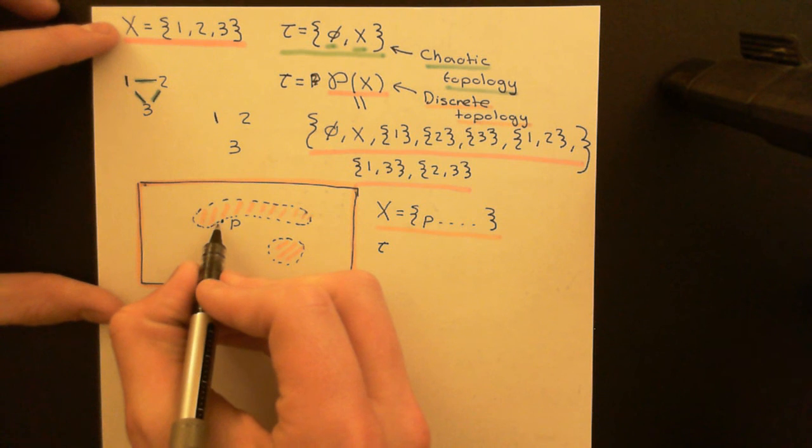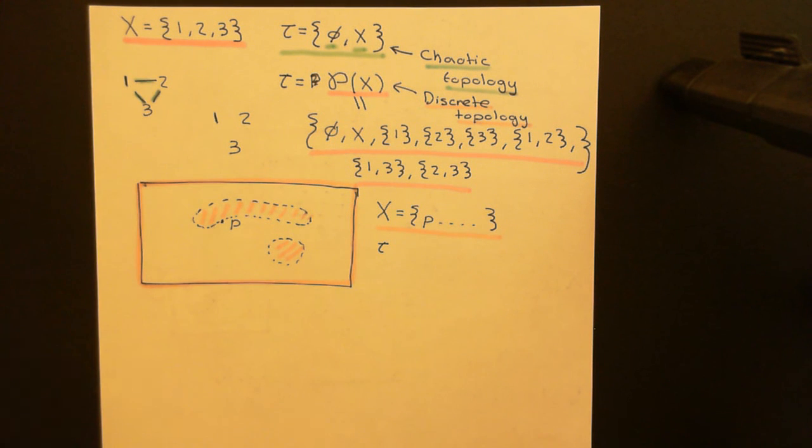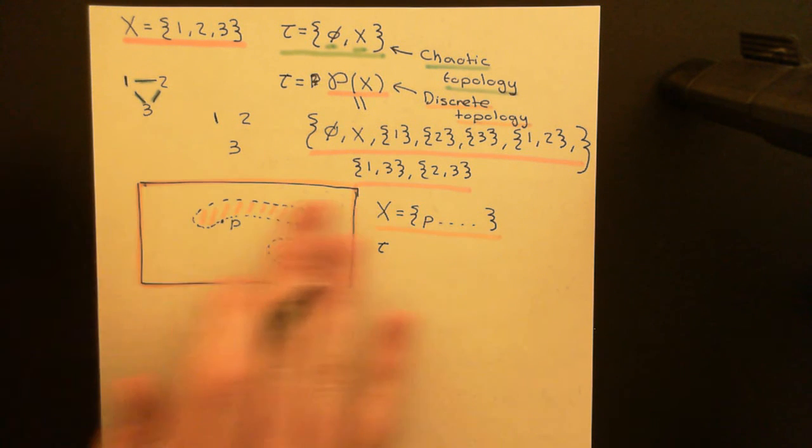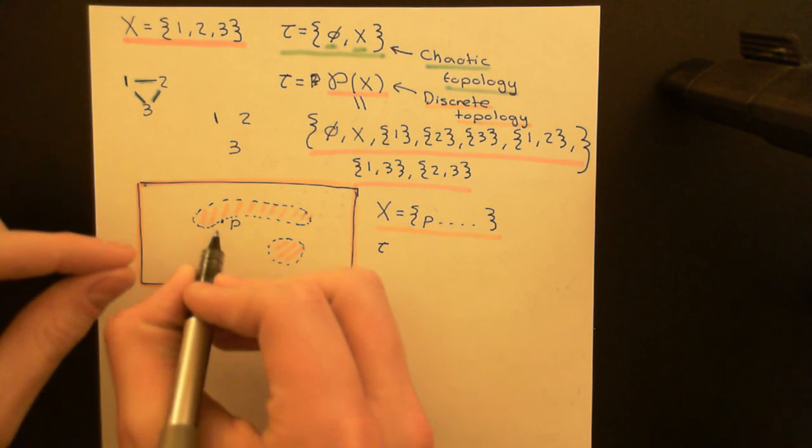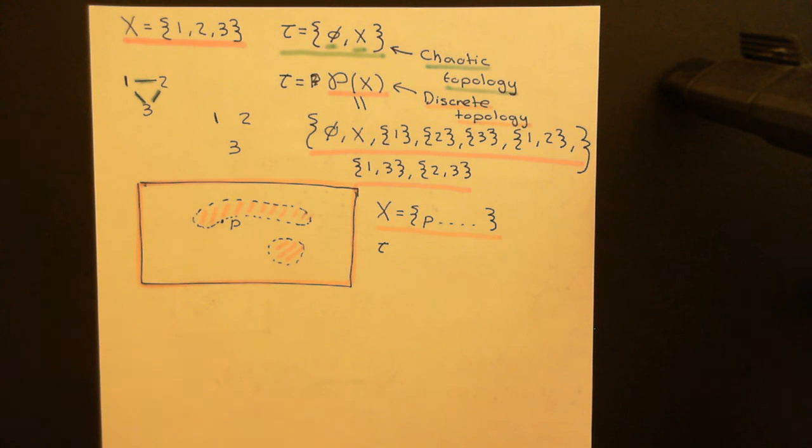So what we wanted to do to capture the notion of what was next to what in this plane was to have little lines connecting this point P to the points that were infinitesimally close to it.